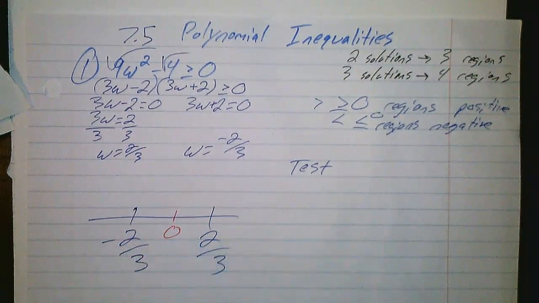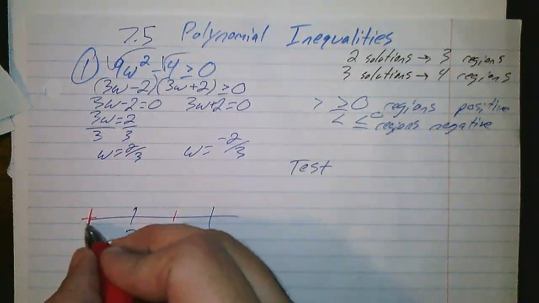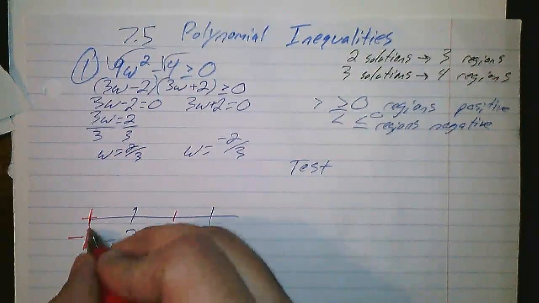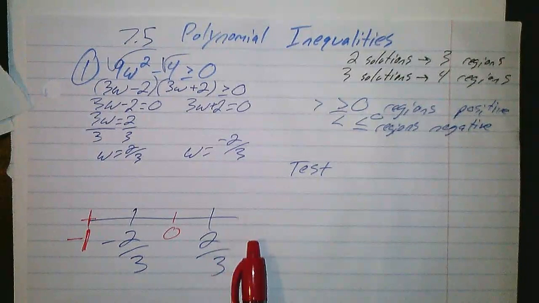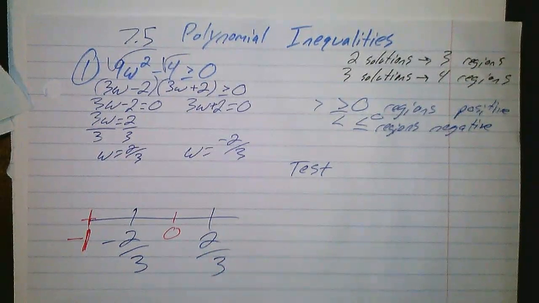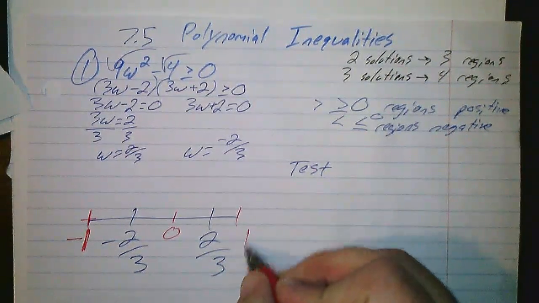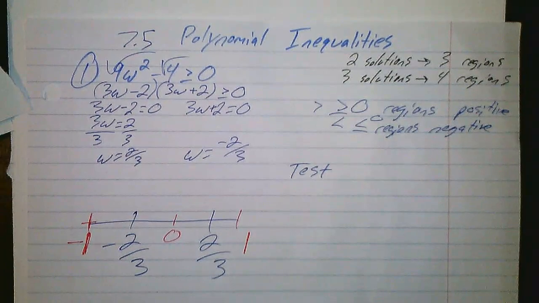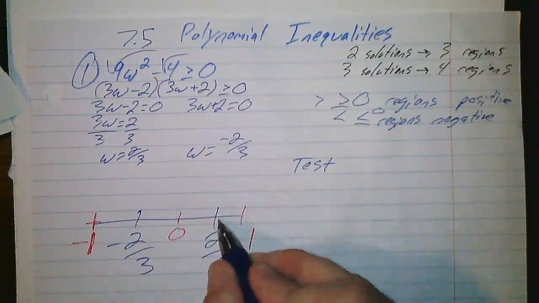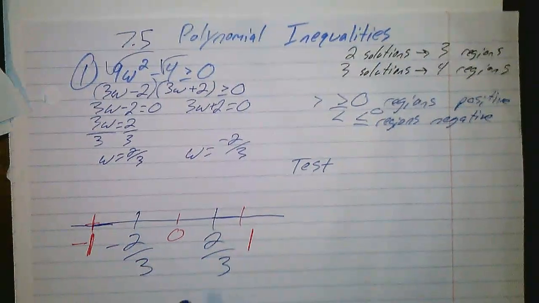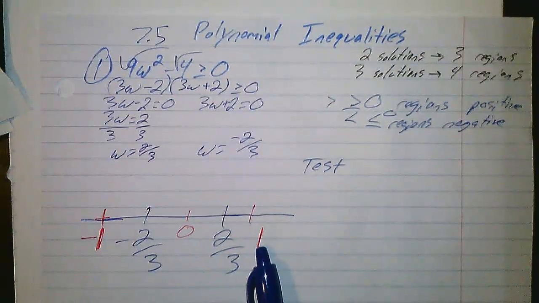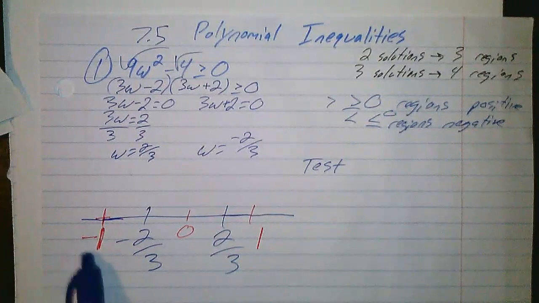Something to the left of negative 2/3 would be negative 1 right here. Anything to the right of 2/3, we could use positive 1 as a test point. But again, it's any value in this region. I could have used positive 10. I could have used negative 5 over here.